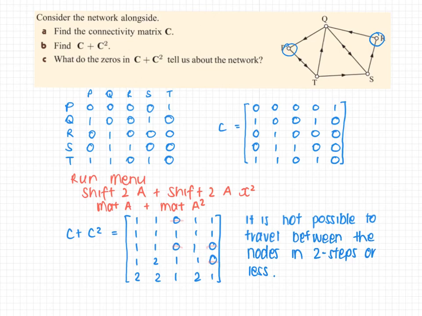So if you wanted to, you could continue to write, so therefore it's not possible to travel from P to R, R to R, R to T, or S to T in either 1 or 2 steps. Which you could finish off.